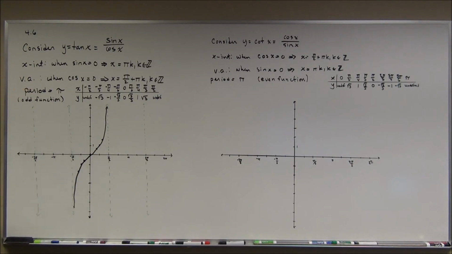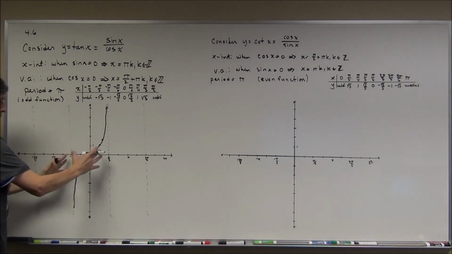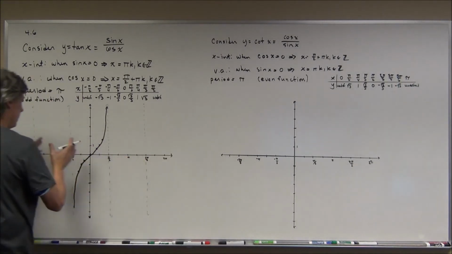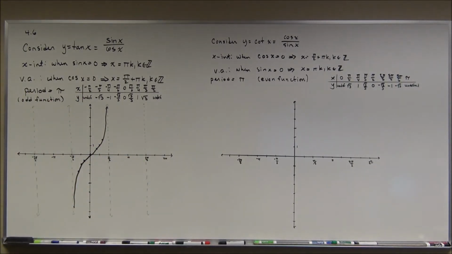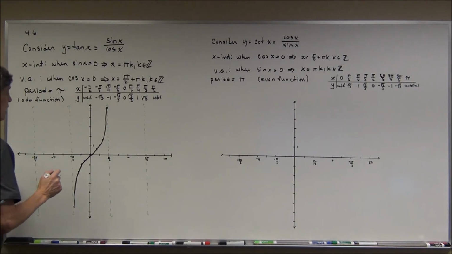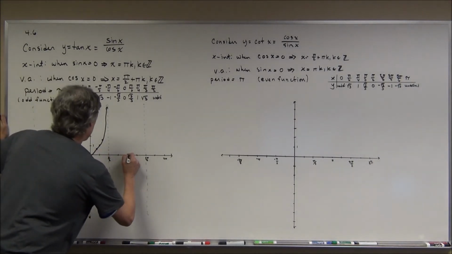Okay, there's no little wave in there, but that is enough of a graph that you can just repeat this here, here, and all the way through on both sides. That's the basic shape. When we get to inverse trig functions, which is not that far away, we'll be looking just at this piece of the graph for the inverse tangent, but that's a little bit of a spoiler there. Sorry about that. So I'm going to continue this.